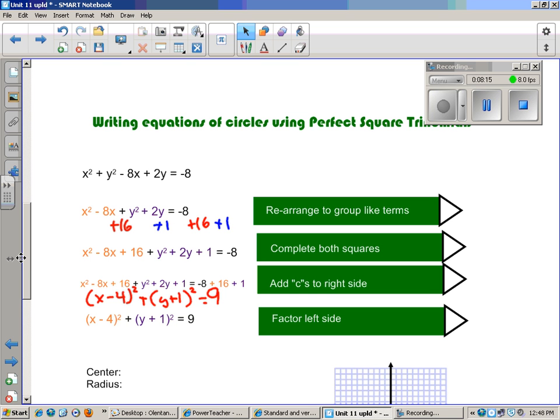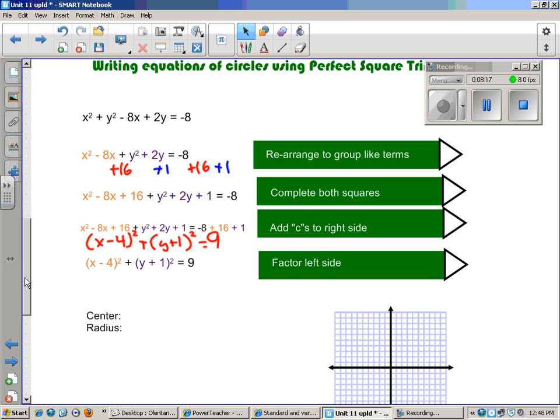So in this circle, what's the center? Right, 4, -1. And what's the radius? 3.